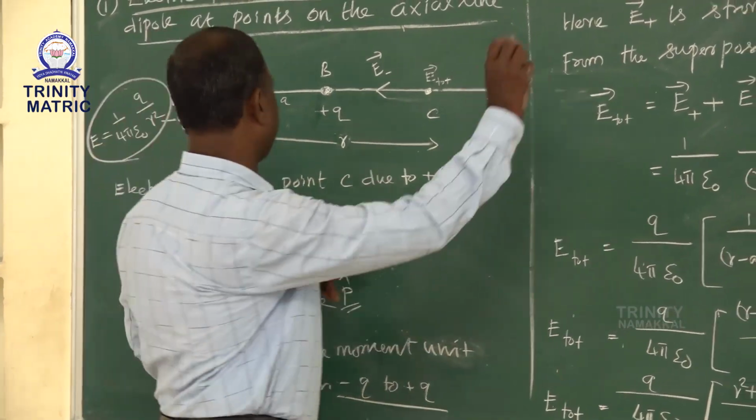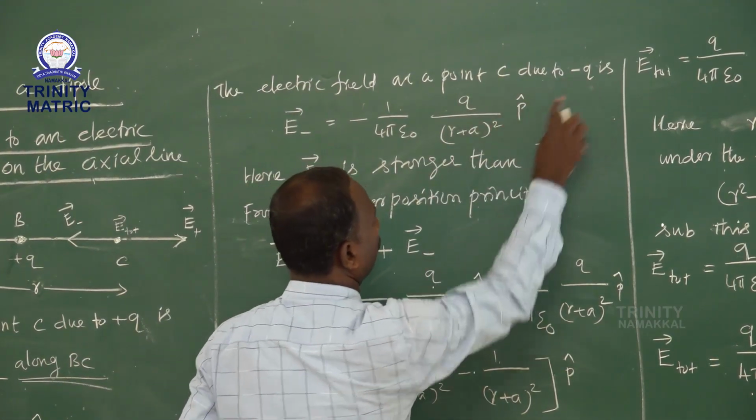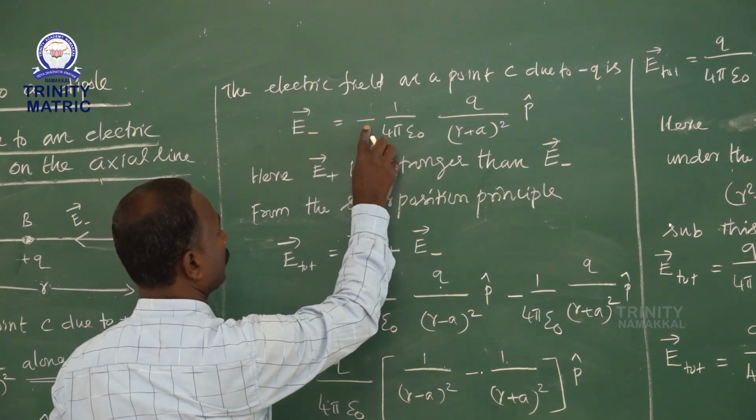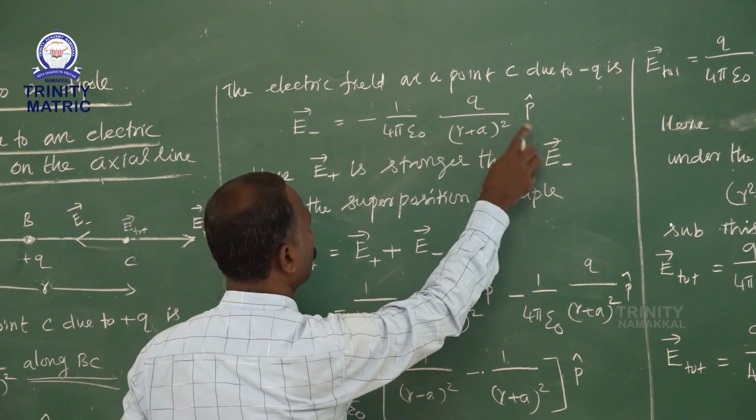Now the electric field at point C due to the minus Q, E minus, is equal to minus of 1 by 4 pi epsilon naught Q by (R plus A) whole square.